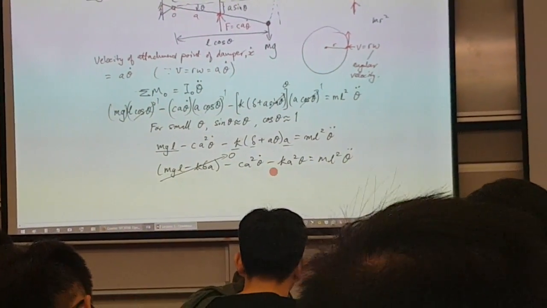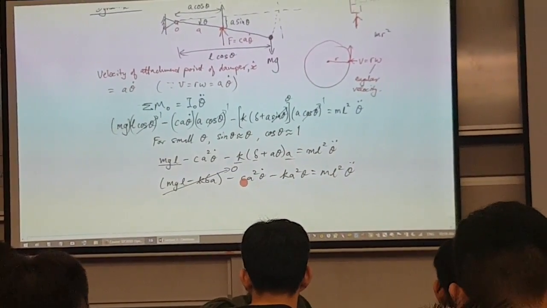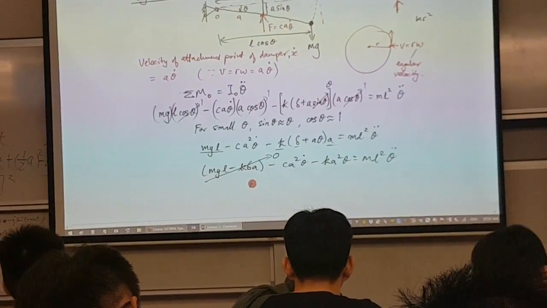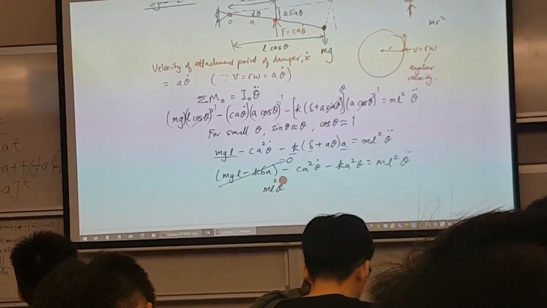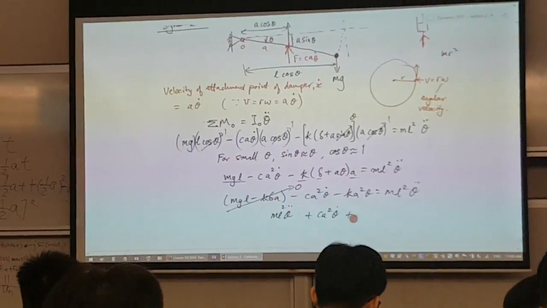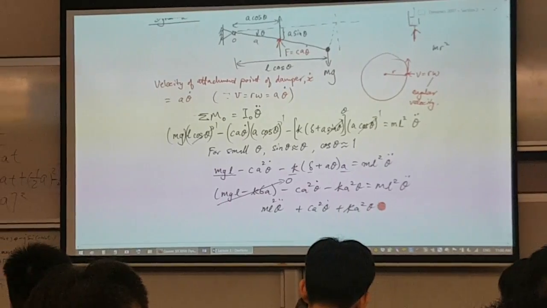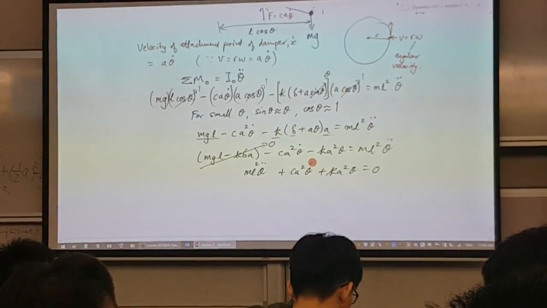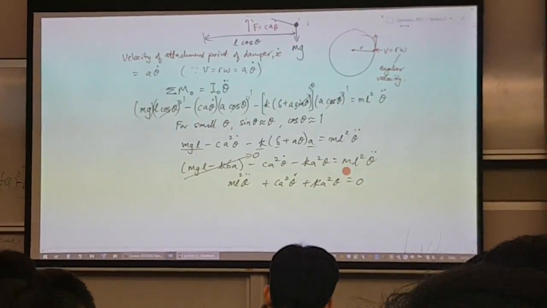So whatever is left, with a bit of rearrangement: m l squared theta double dot plus c a squared theta dot plus k a squared theta equal to 0.